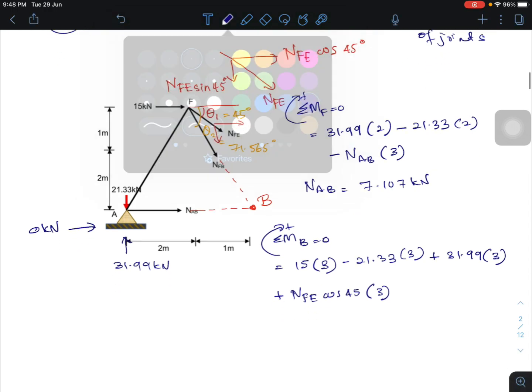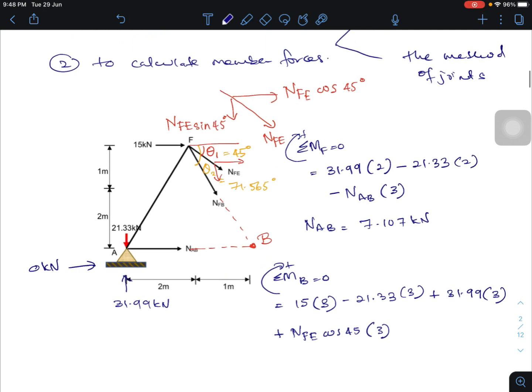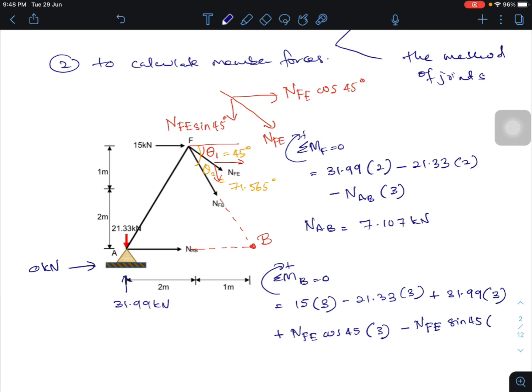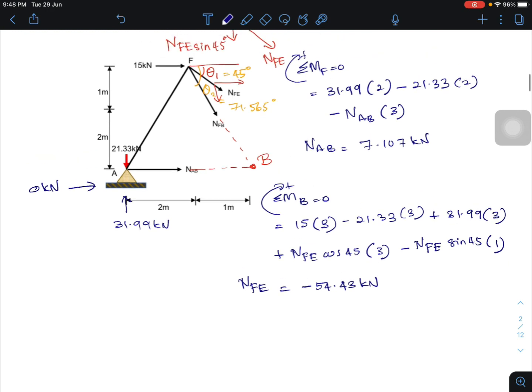Meanwhile, for the vertical component, this will rotate anti-clockwise to joint B. So negative NFE sine 45 times horizontal distance from F to B, 1 meter. And then NFE equal to negative 54.43 kilonewton.